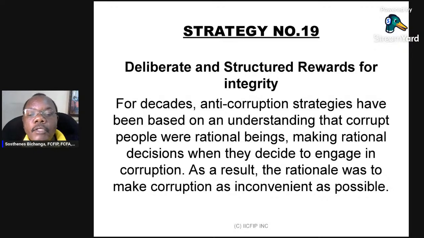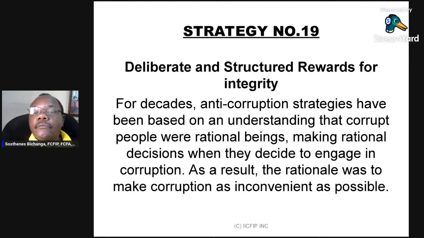However, contrary to this assumption, sociopsychology and behavior economics demonstrate that human decision-making is not always rational. Mental shortcuts and intuition play an important role in shaping behavior surrounding corruption.